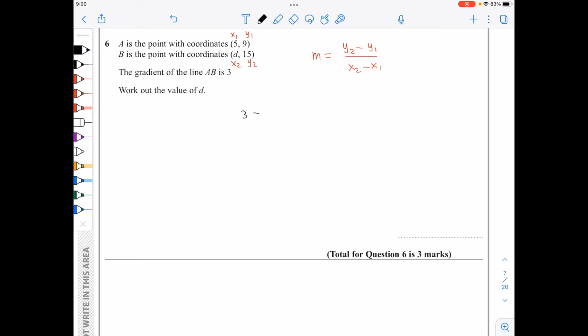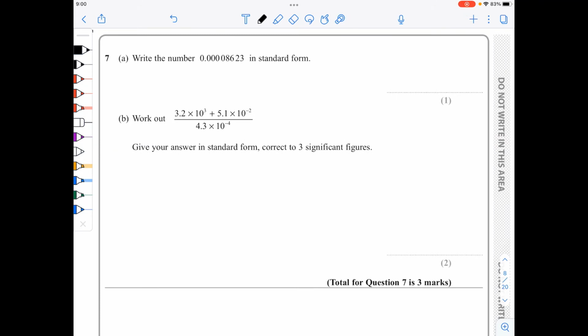So m is 3, equal to 15 minus 9 over d minus 5. I will cross multiply, so 3 brackets d minus 5 is equal to 6. So d minus 5 is equal to 2, which means that d is 7.